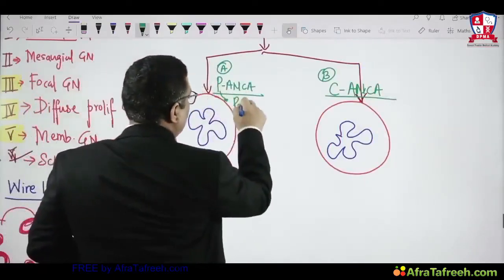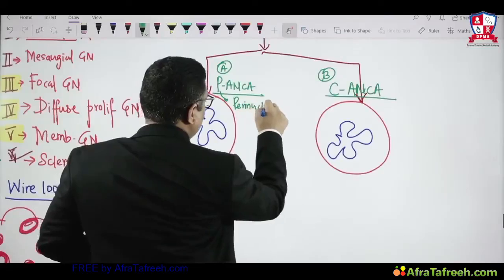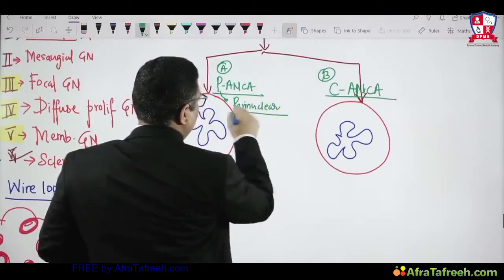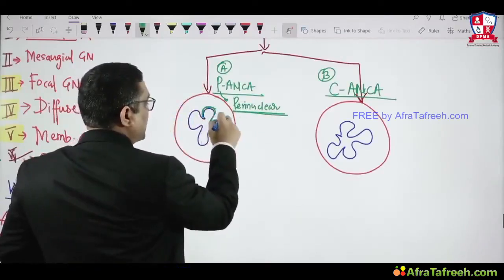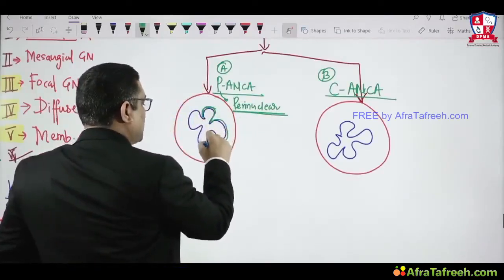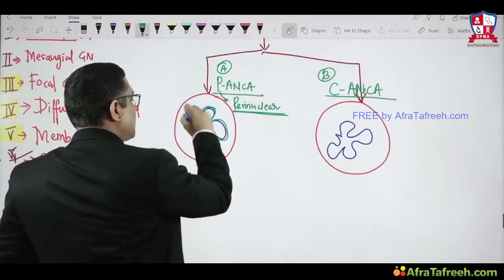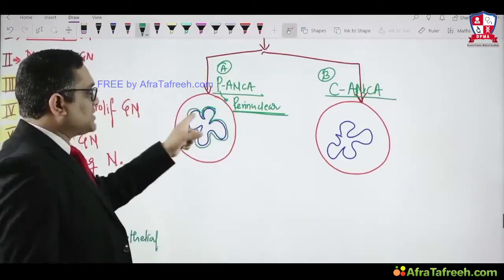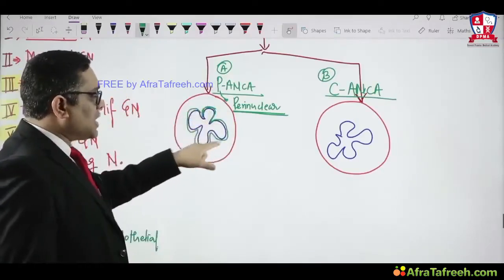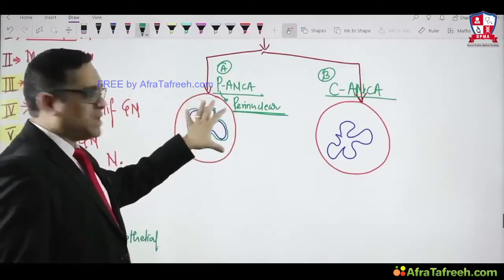P stands for perinuclear, because antibodies are formed against antigens present around the nucleus. On immunofluorescence microscopy, green color will be seen around the nuclear membrane. That is why it is called P ANCA.